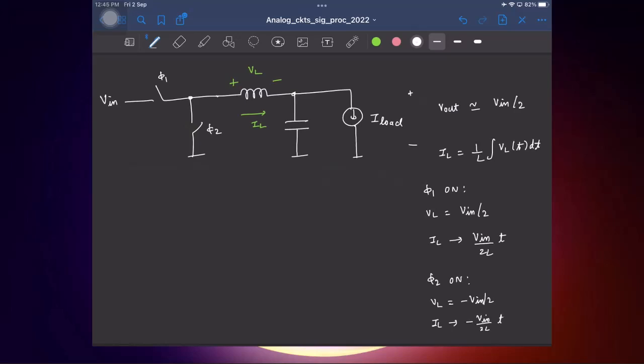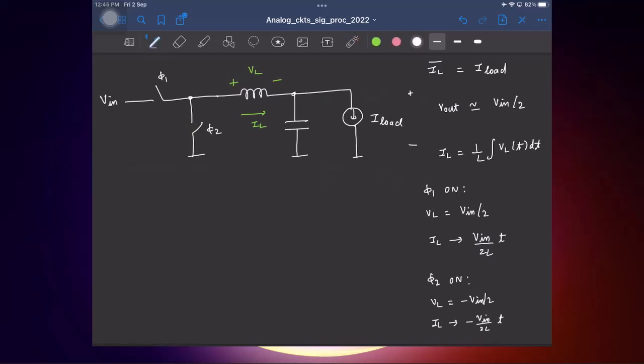And if the average load current that we are drawing is I load, what can you say about the average inductor current? That will be the same, right? Because in steady state, there cannot be any average current flowing in or out of the capacitor, because we know this voltage is constant, or it doesn't blow up to infinity.